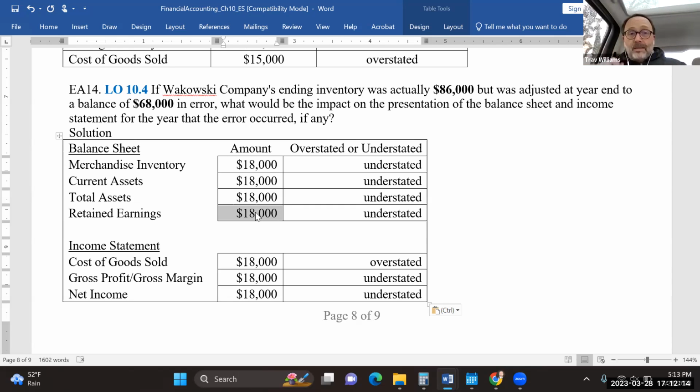So that one mistake of putting the wrong inventory amount impacts all these different accounts, and they're all impacted in the same way except cost of goods sold, which is the opposite. So if these were all overstated, then cost of goods sold would be understated. Okay. Any questions on this one?